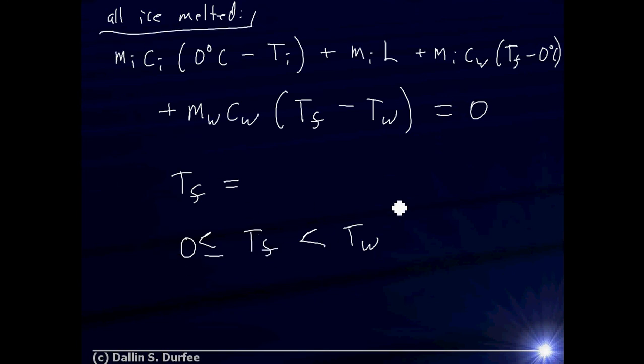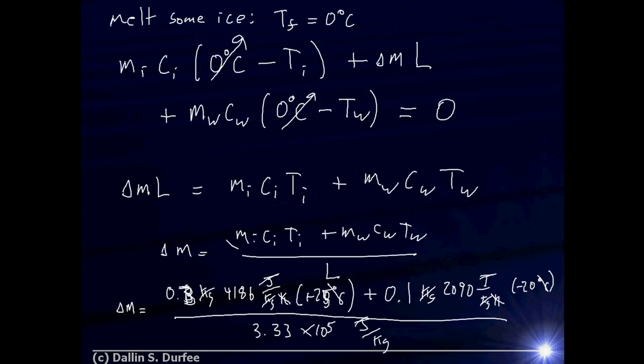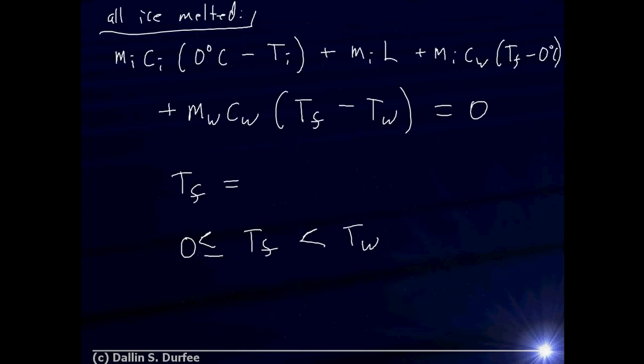But if it turns out to be above the temperature of the water, I just did something wrong. If I get a final temperature below 0 degrees C, then that probably tells me that I chose the wrong scenario and not all of the ice melted. So I can go back and try the not all of the ice melted, some ice melt scenario, or maybe even some of the water froze. Let's try the some of the water froze scenario.